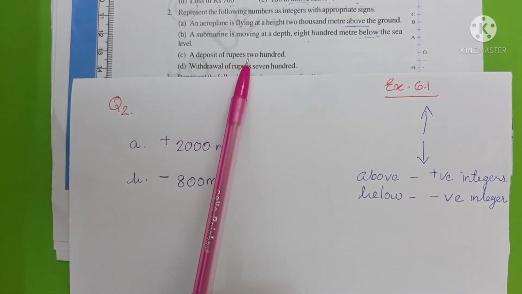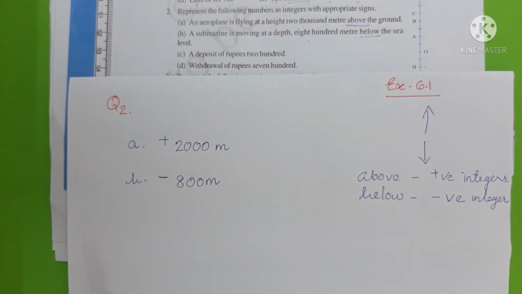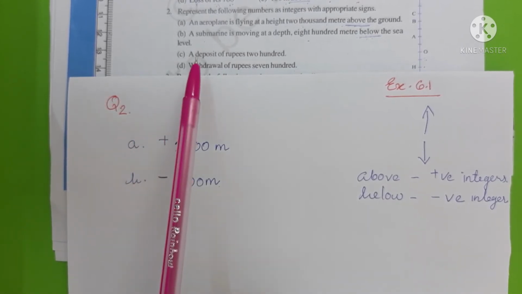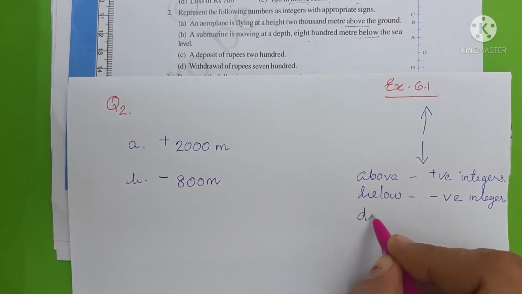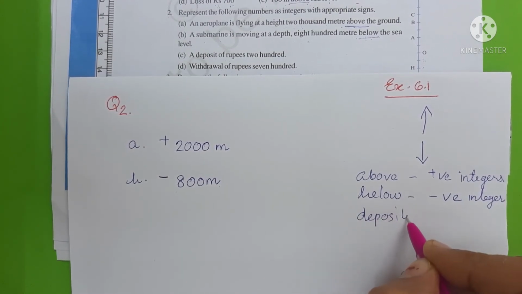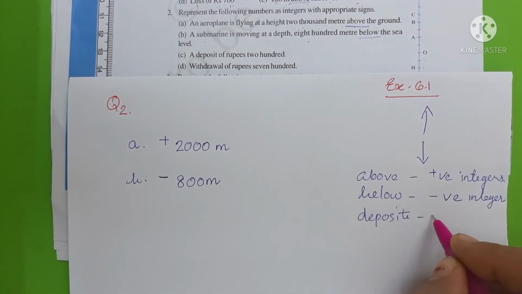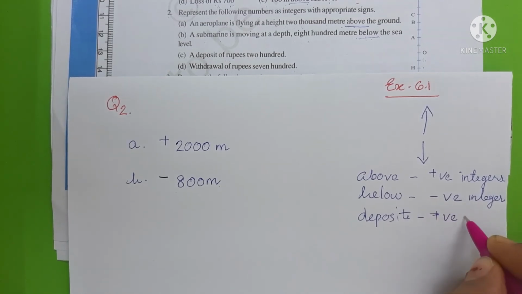A deposit of rupees 200. That is a question related to the bank or money, right? So deposit indicates what? It indicates an increase of the amount present in our account, right? So deposit represents a positive integer. Okay.